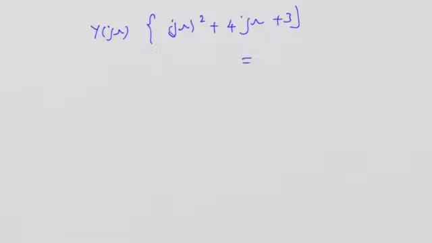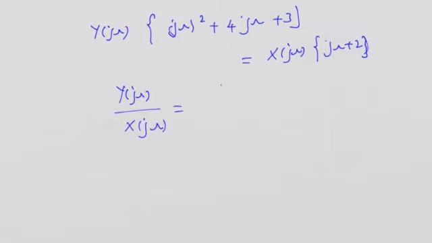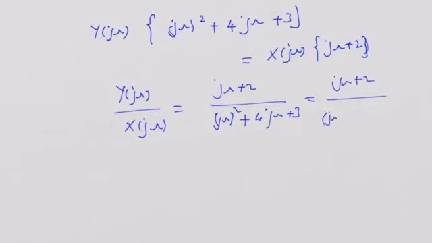On the right-hand side, if you take X(jω) as a common factor, you will find it is (jω + 2). So the ratio Y(jω)/X(jω) is (jω + 2) divided by (jω)² + 4jω + 3, which is given as (jω + 2) divided by (jω + 1)(jω + 3). This is what is known as H(jω) by definition.